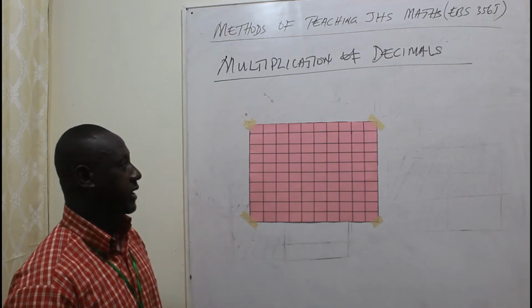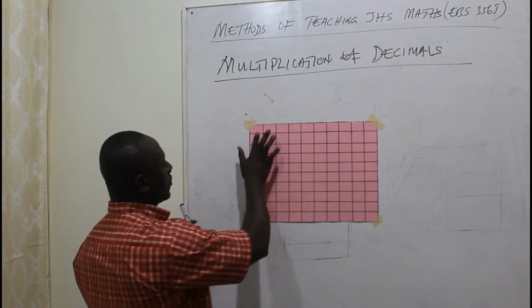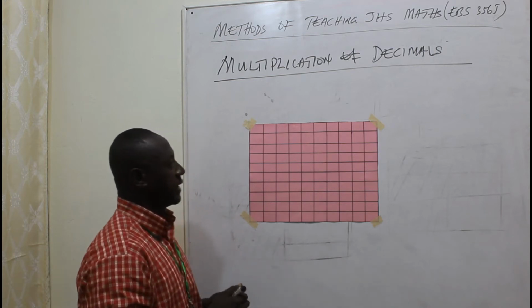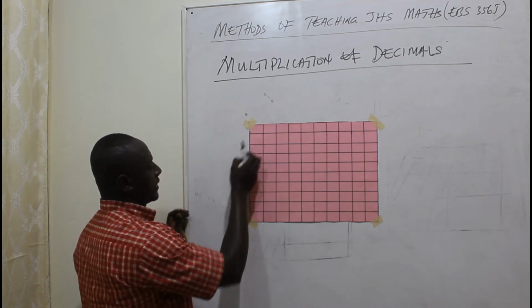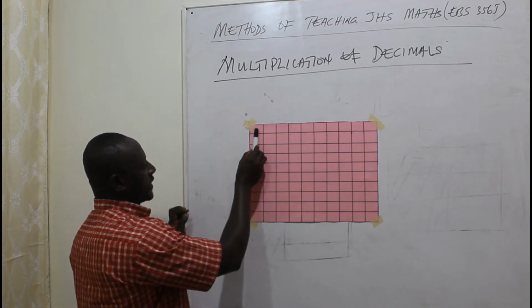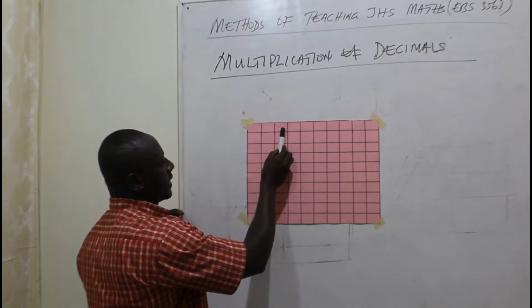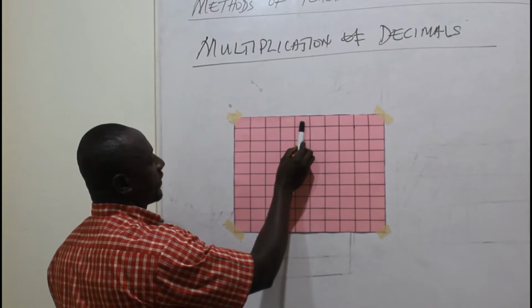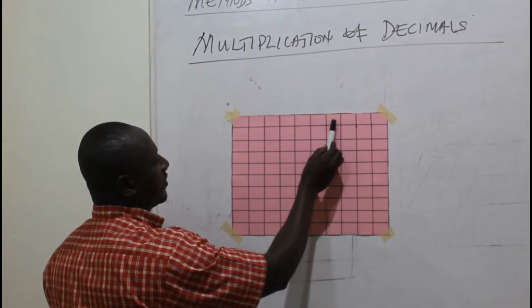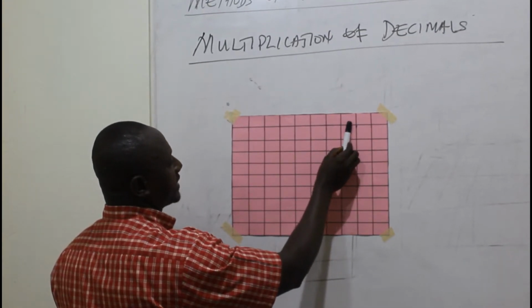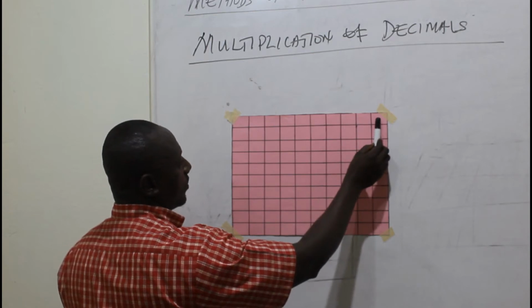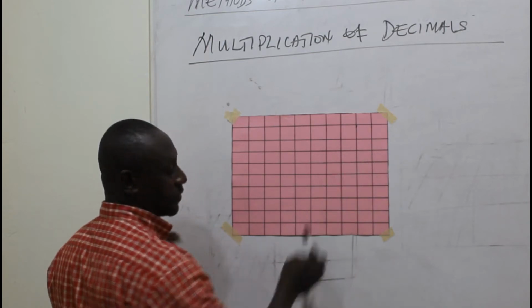the smaller boxes there. Now if I want to go by it in this way, then this one is 0.1, 0.2, 0.3, 0.4, 0.5, 0.6, 0.7, 0.8, 0.9, 1.0.